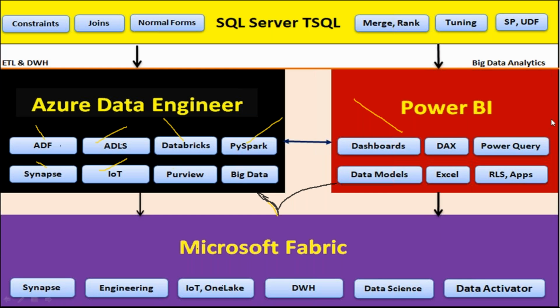Let's start with data engineering to understand the vocabulary and the practical approach of ETL and warehousing. Without data engineering, we cannot really step into Fabric. There is a 100% dependency.